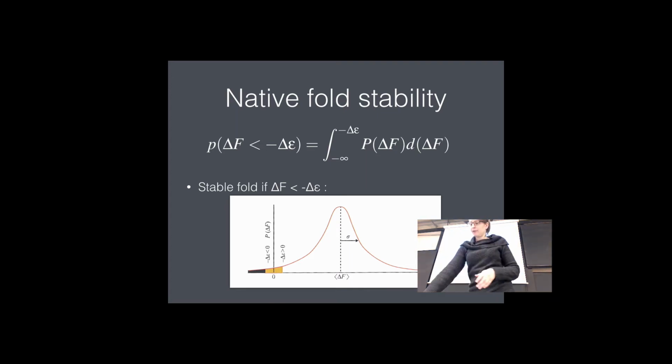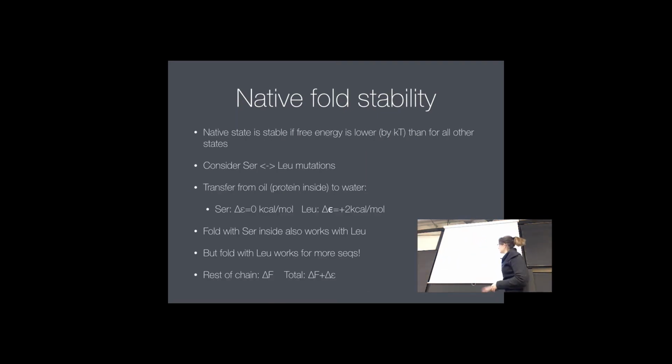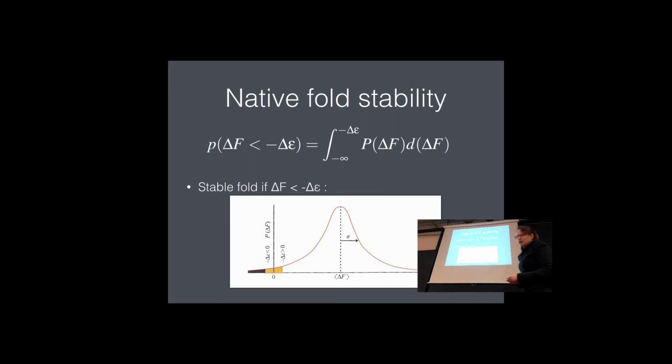We said before that the total energy will be delta F plus delta E. So to accommodate a specific defect, that is delta E, I can only have the sequences that are here in this black part, because adding delta E will bring me to 0.